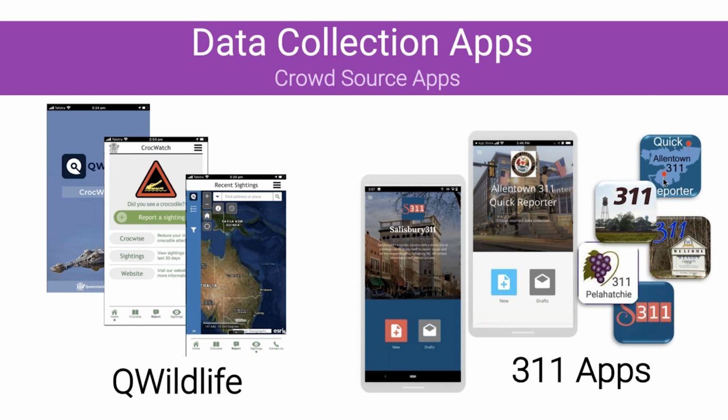An example of this is Q Wildlife from Queensland, Australia. This allows the public to report when they spot a saltwater crocodile. So these types of apps are very popular, gathering crowdsourced information from the public.